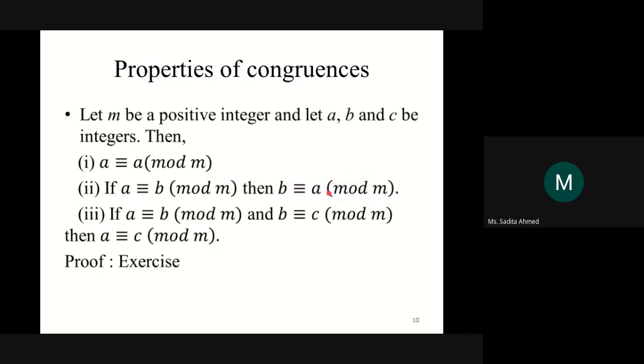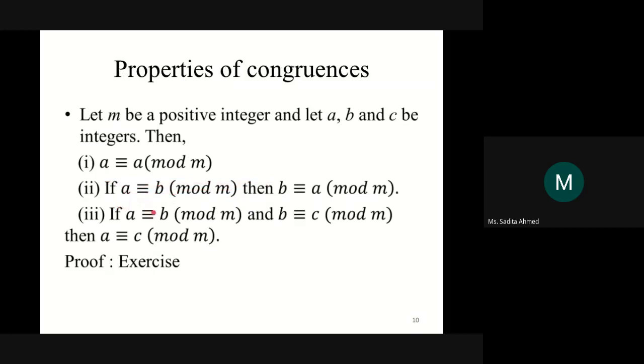Whether the result is positive or negative, that is not our concern. Our concern is that the result has to be an integer. So this property also obviously makes sense.